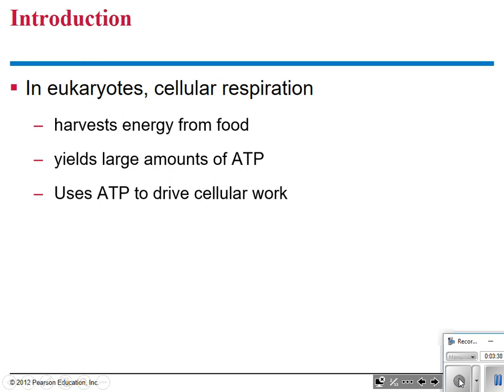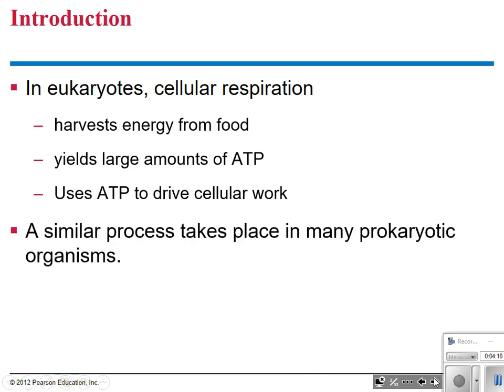It provides the energy for the cells. So, in order for your cells to have energy, we need this ATP. And where is this ATP made? Through this whole process of what we call cellular respiration.